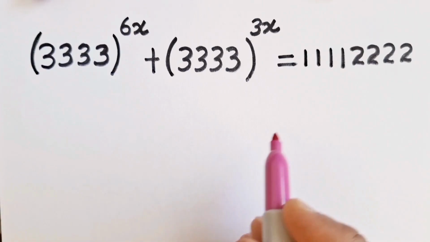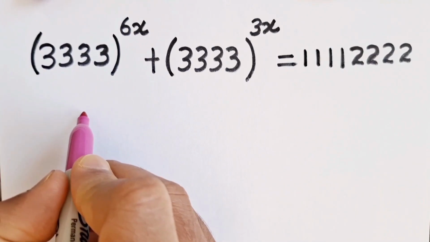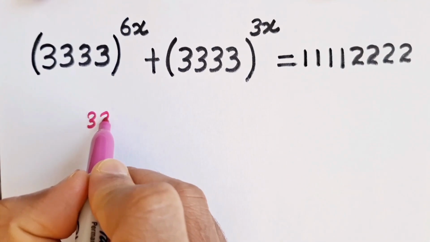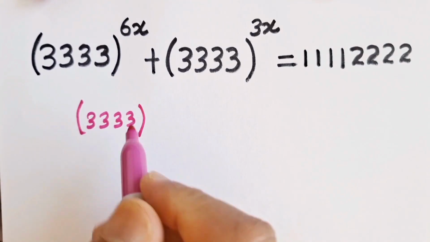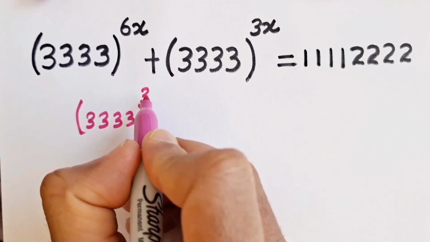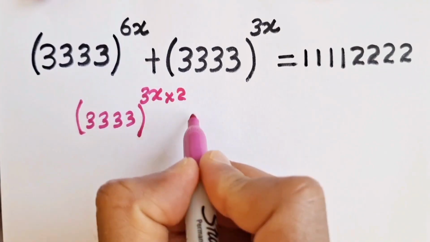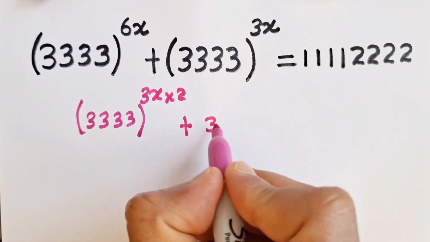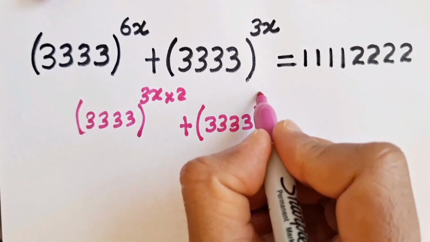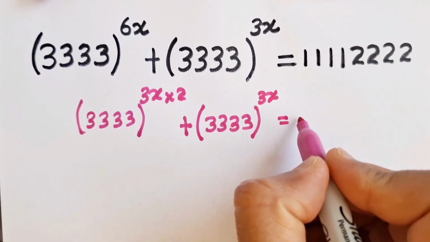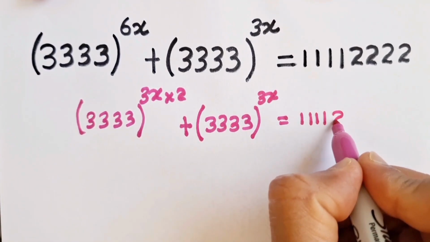First of all, I'm going to rewrite the equation as follows. 3333 to the power of 6x, where 6x can be written as 3x times 2, plus 3333 to the power of 3 times x is equal to this number.